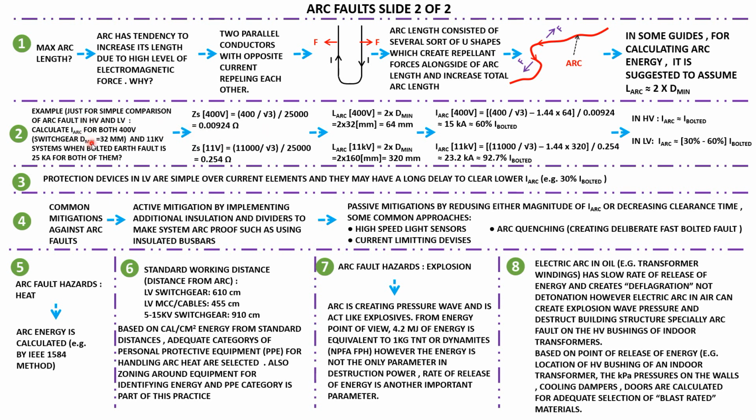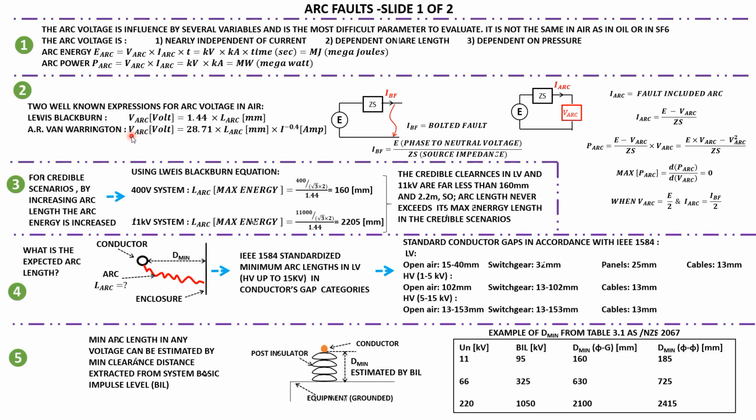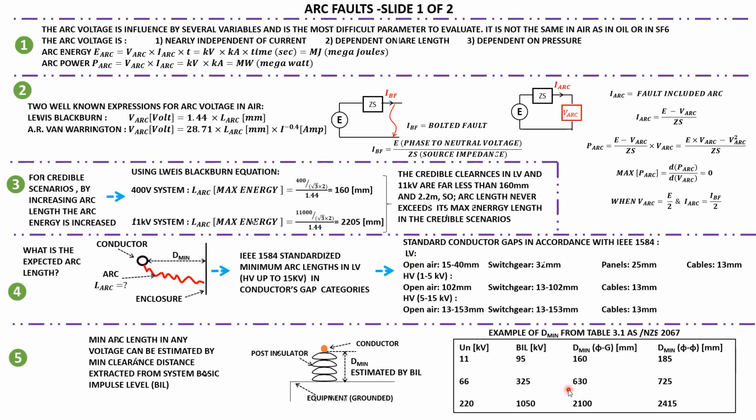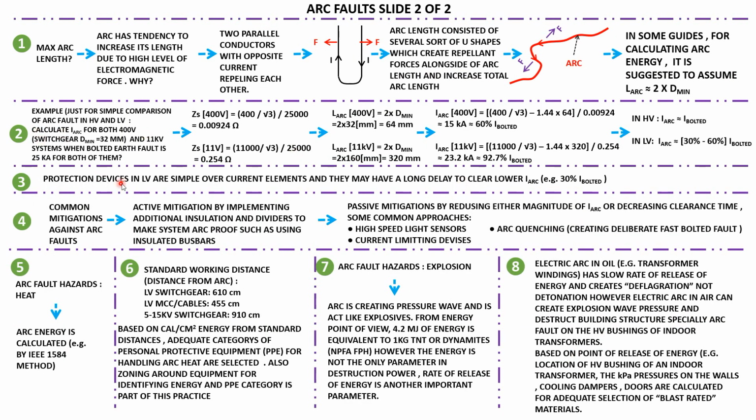So let's say both HV and LV systems have a 25 kA fault level, and the LV system is a 400 volt system with a minimum clearance of 32 millimeter, which IEEE says for switchgear. And also the 11 kV, again from the BIL level, we get 160 millimeter.